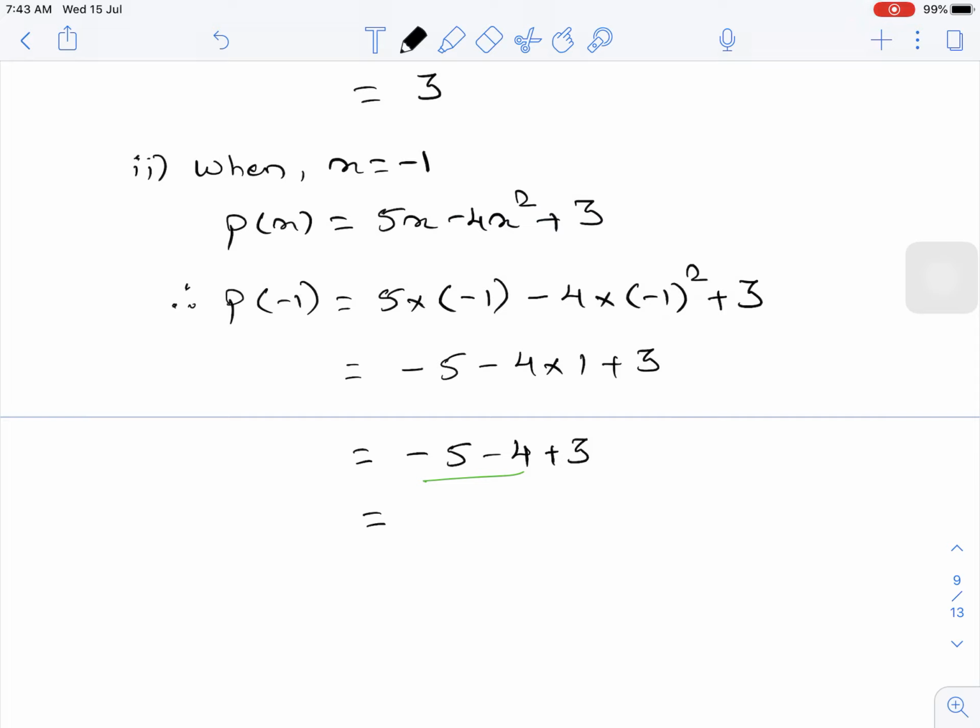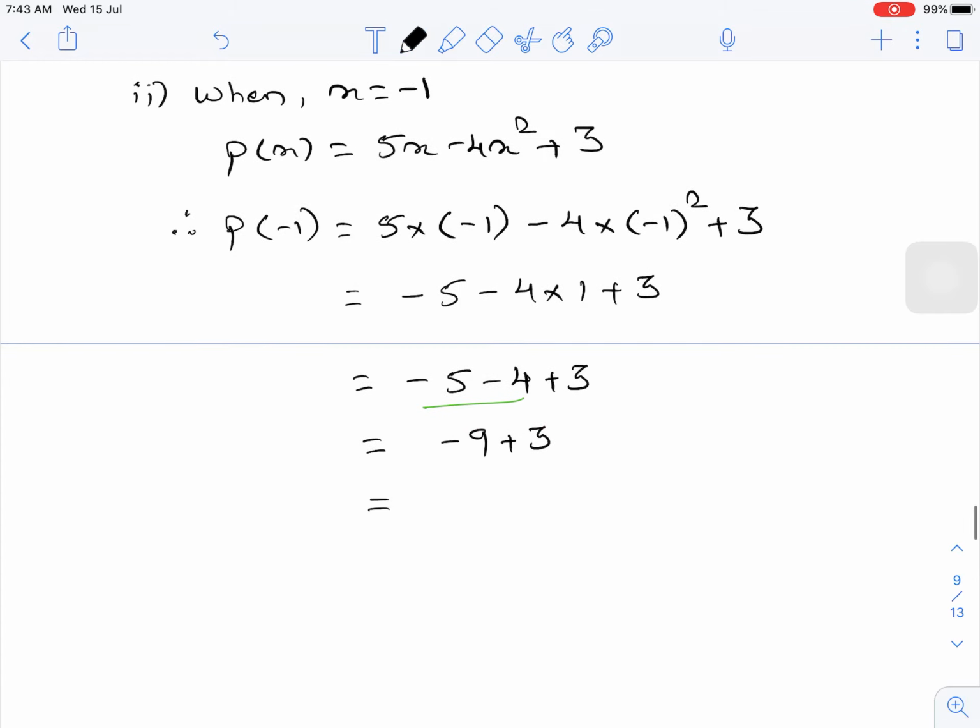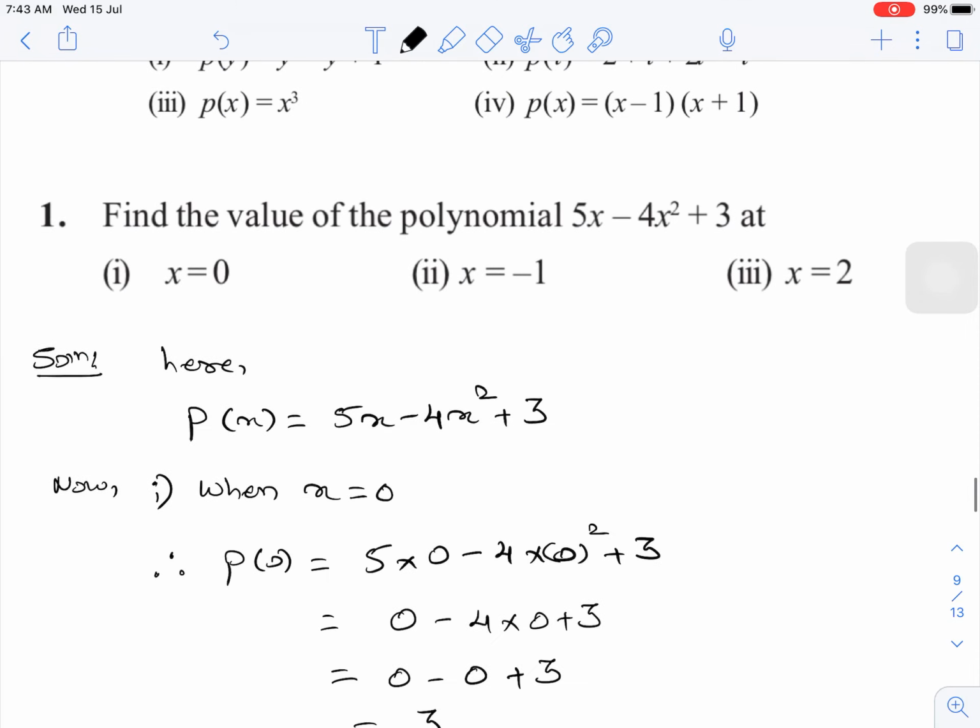Now minus 4 minus 5 will become minus 9 plus 3. Now both the numbers have opposite signs, so there will be subtraction, so your final answer will be minus 6. So p of minus 1 equals minus 6. Similarly you have to find it for x is equal to 2.